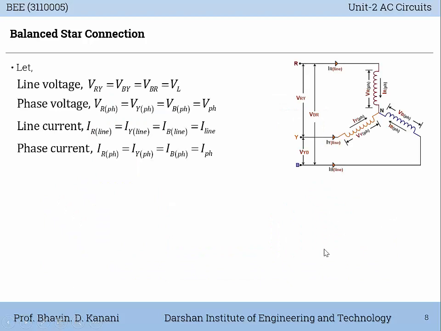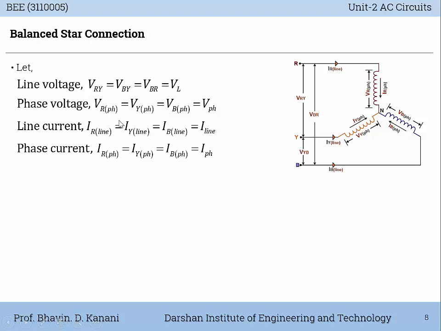Now try to analyse this. लाइन वोल्टेज, अगर ये डायग्राम देखें स्टार कॉन्फ़िगरेशन का, so in here all line voltages will be same. So VRY is equal to VYB, that is equal to VBR.